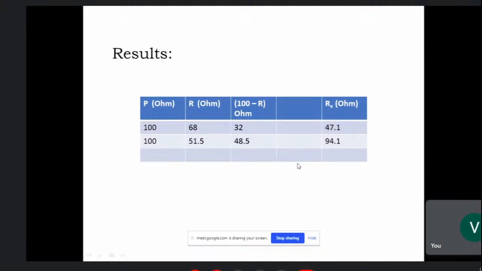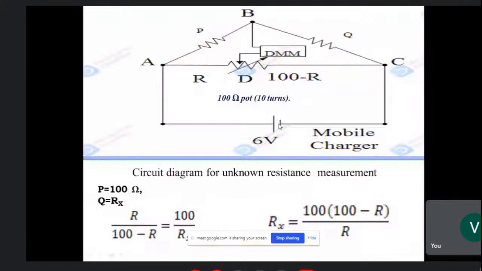I can emphasize using this 10 turn 100 ohm pot. It can also be used to measure unknown EMF, and to study the EMF of a thermocouple.